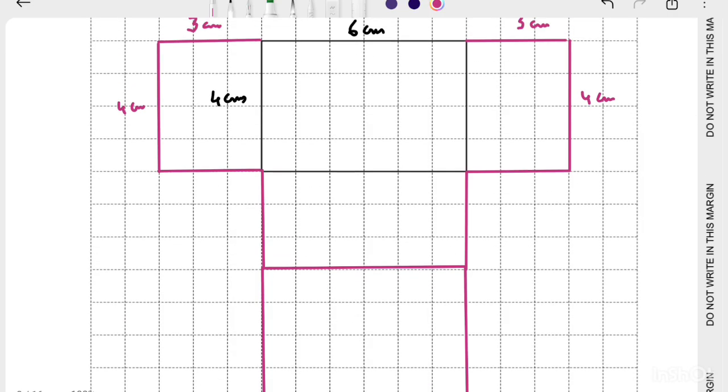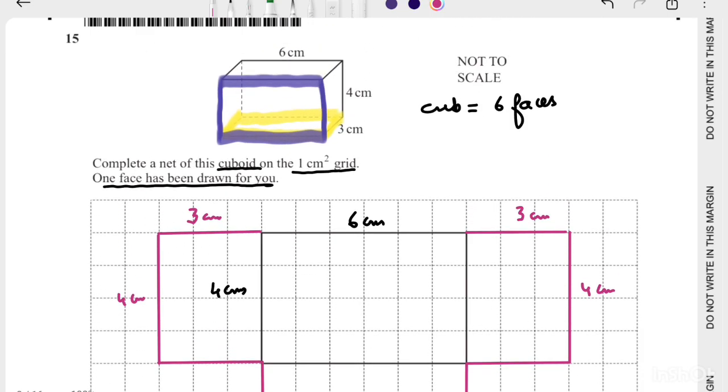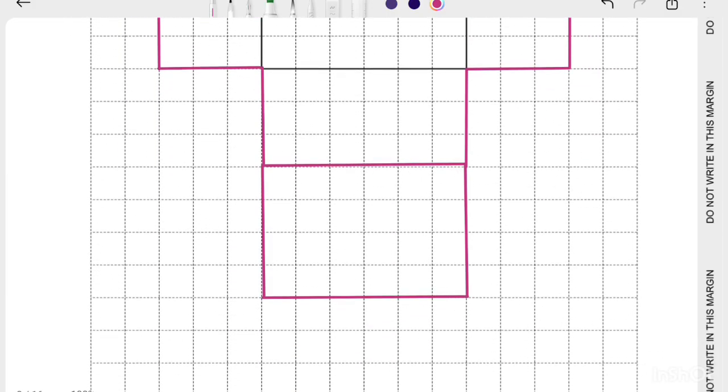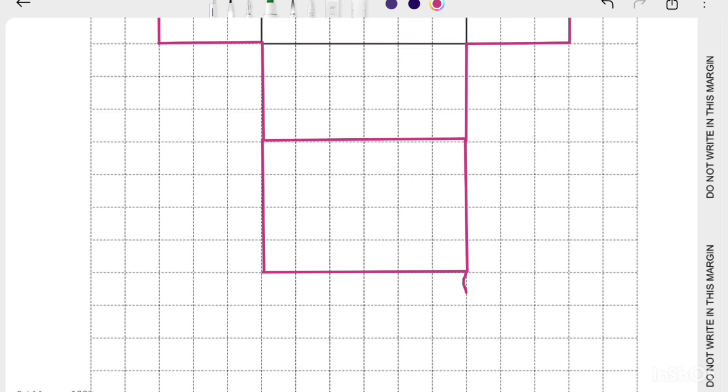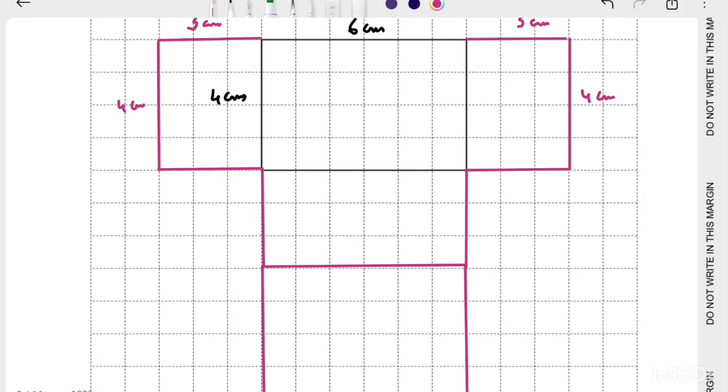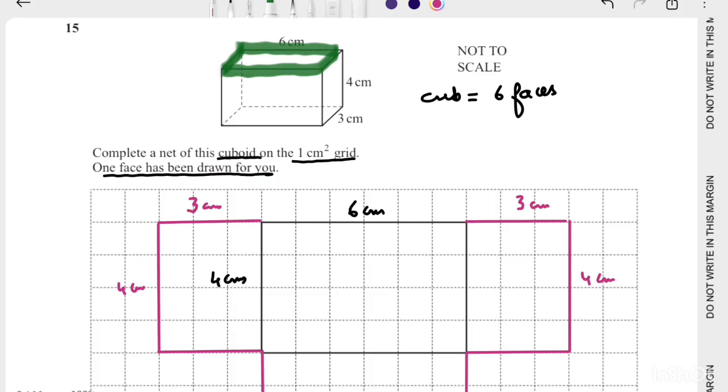Now one face is left, and that is the top one. So it will be 1 2 3, 1 2 3 4 5 6, and 1 2 3 4 5 6. So this would be the complete net of the cuboid.